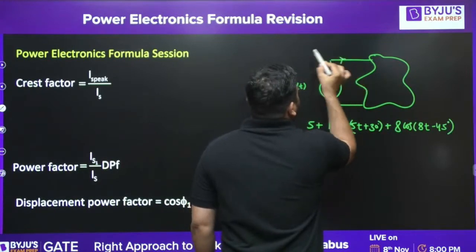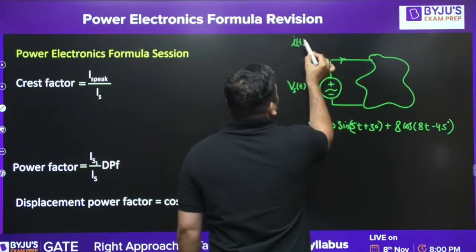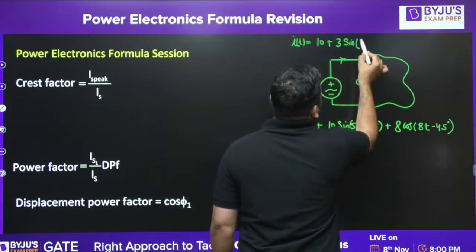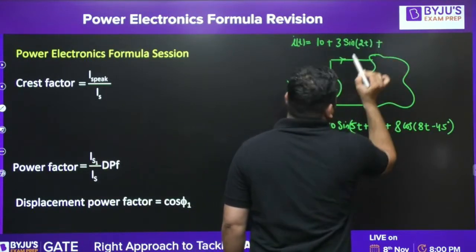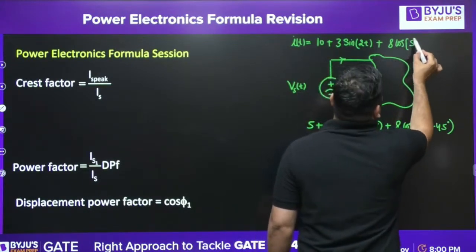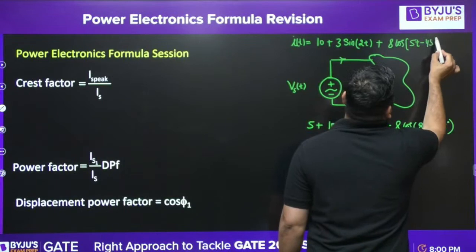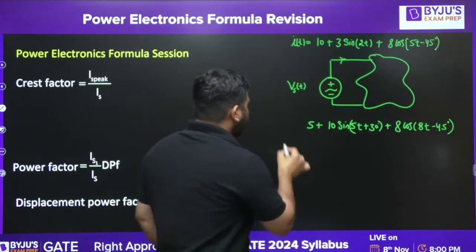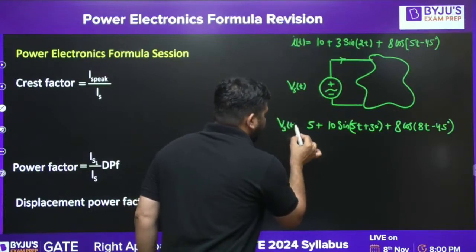And the current I(t) is equal to 10 plus 3 sine 2t plus 8 cos of 5t minus 45 degrees. Let's say the current is this and the voltage is this. We are taking this case. I have taken a random case.